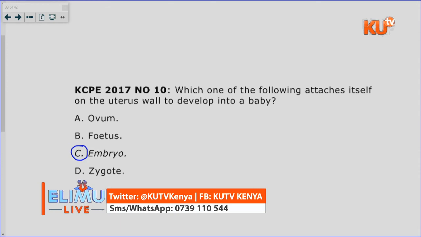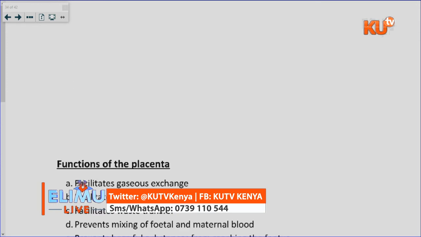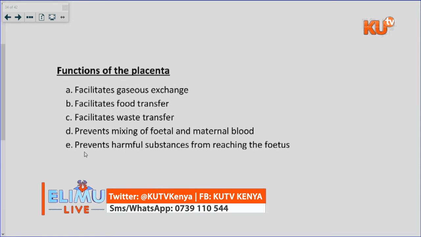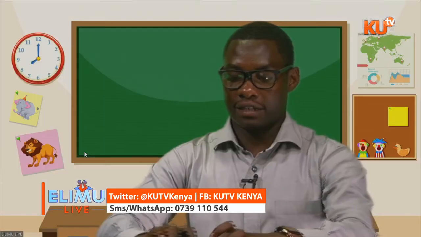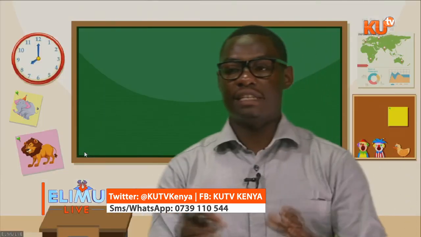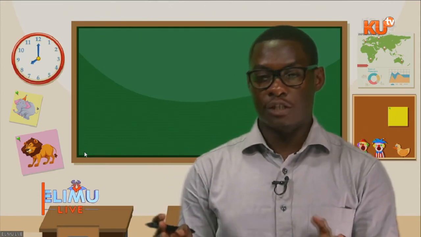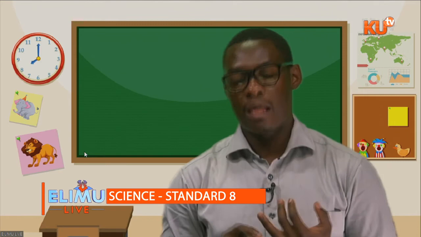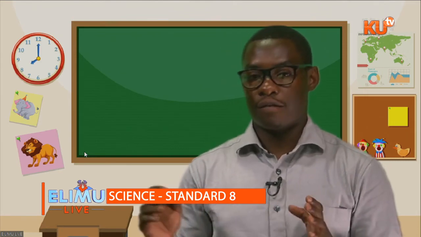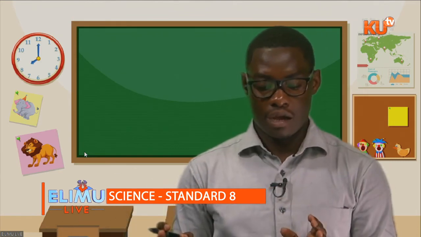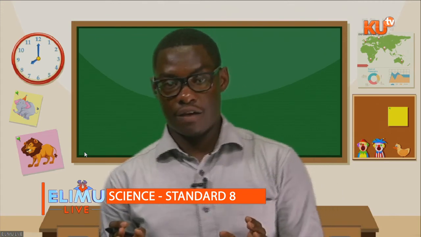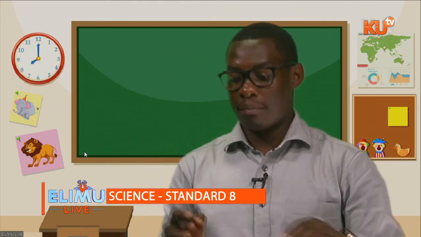So we look at the functions of the placenta, and they are as follows. One, it facilitates gaseous exchange. Most of its function is facilitation. So it facilitates gaseous exchange, movement of food from the mother to the baby, and movement of waste from the baby to the mother.